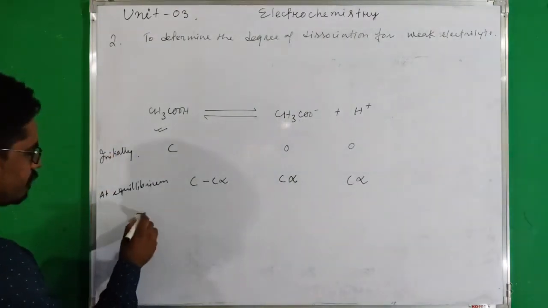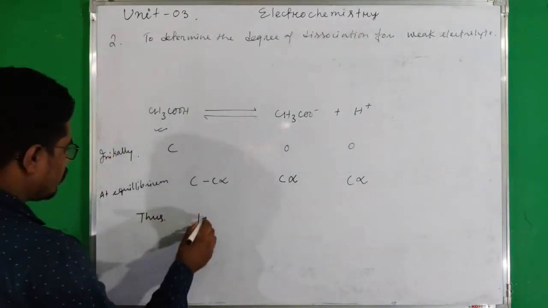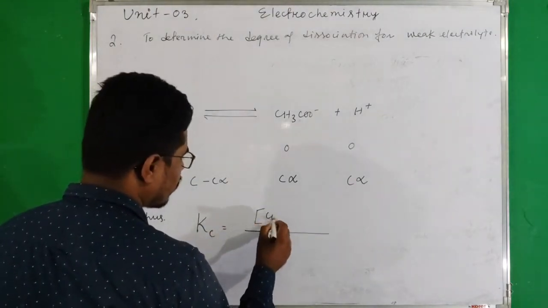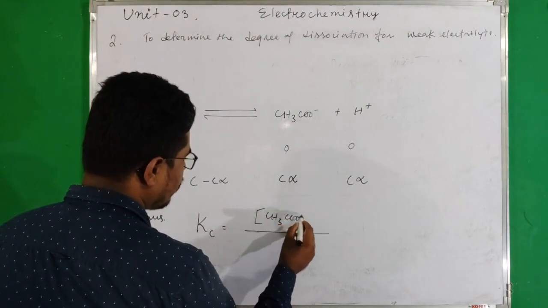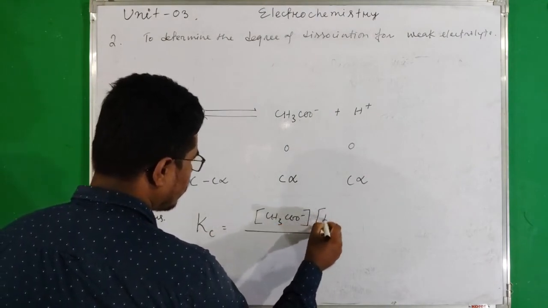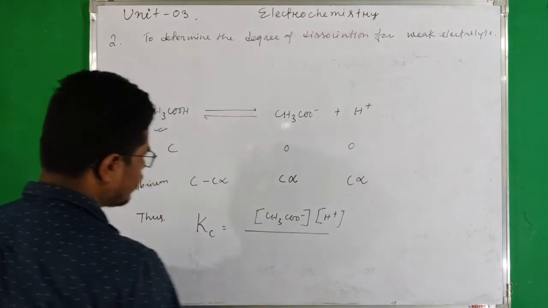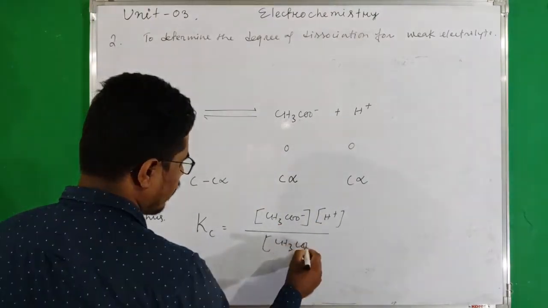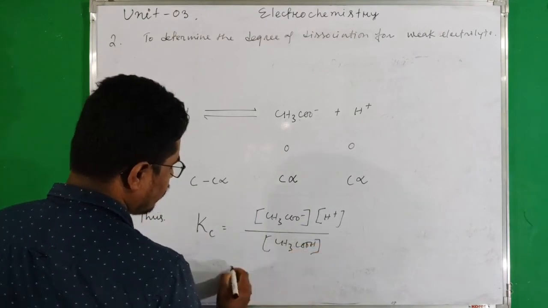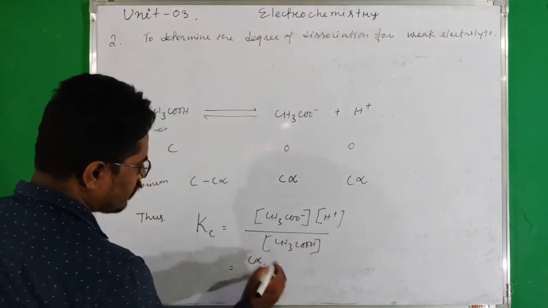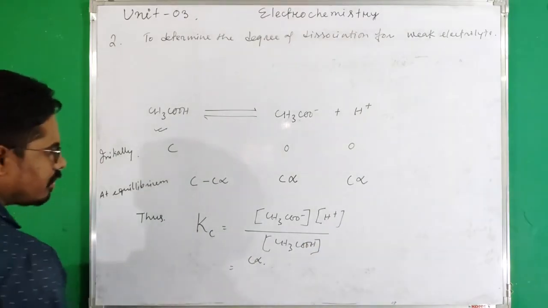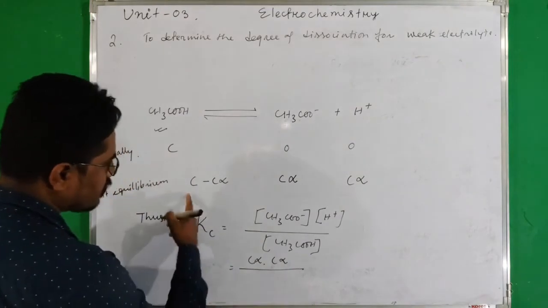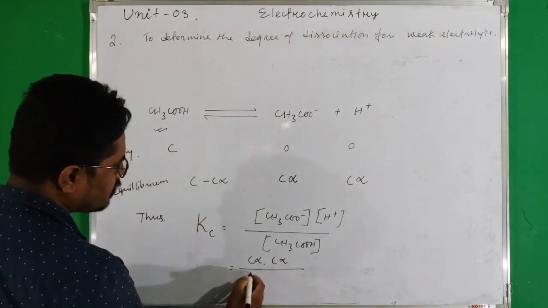Thus the dissociation constant Kc equals the ratio between the product of concentrations of products and the reactant at equilibrium. So for acetate ion the concentration is Cα, for H+ ion the concentration is again Cα, and for acetic acid the concentration is C minus Cα.